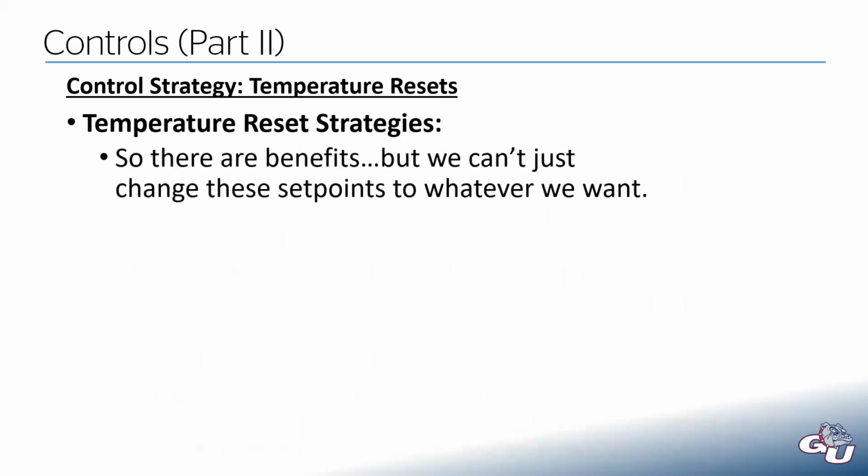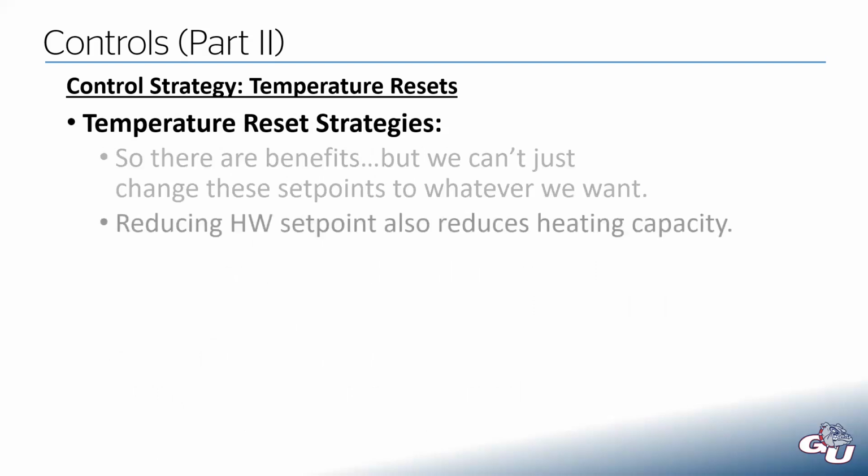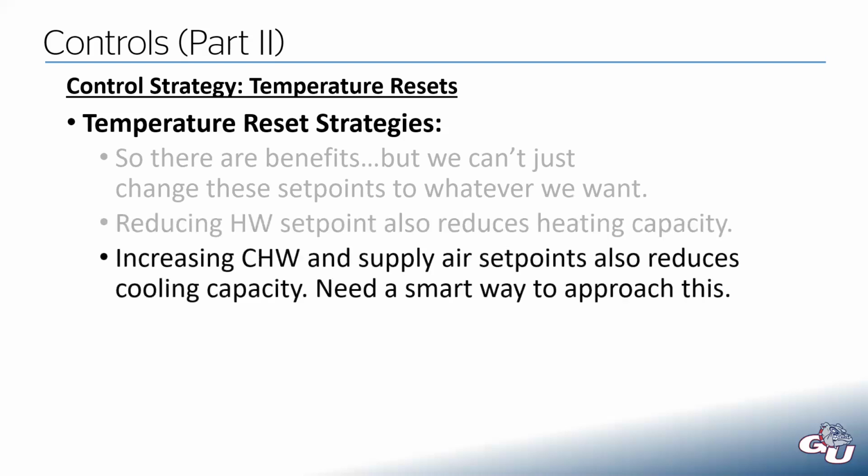So there are benefits here, but we can't just go in and change these set points. If we reduce the hot water set point, we reduce our heating capacity. Same thing on the chilled water side and the supply air side. If we increase those set points, we reduce our cooling capacity.